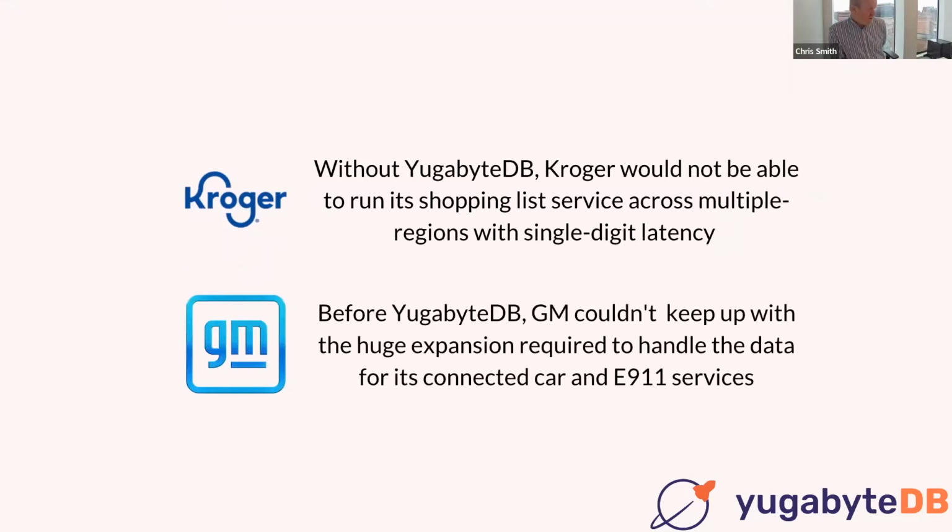So General Motors use Yugabyte as the repository, the database that receives all of their vehicle telemetry data for their connected car infrastructure. So I think pretty much every General Motors car that you buy, probably worldwide, but certainly in North America, is generating huge amounts of telemetry data.